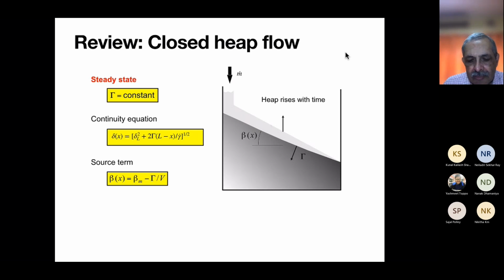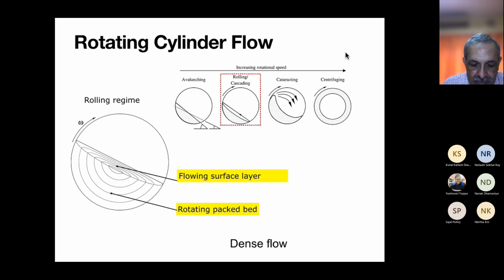And then we started talking about another system that's quite important. And in that, we saw that depending on the rotational speed and various things, you can have different regimes of flow. At the slowest, you have avalanching flow where the whole material moves like a fixed bed up to an angle, let's say this larger angle, and then suddenly the bed collapses and it goes to a lower angle.